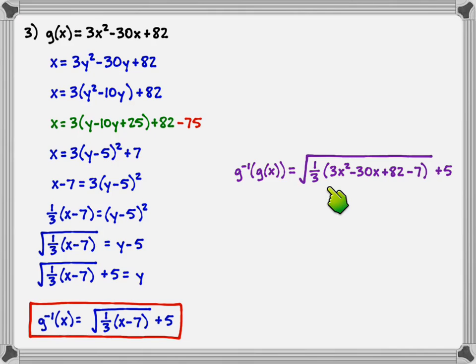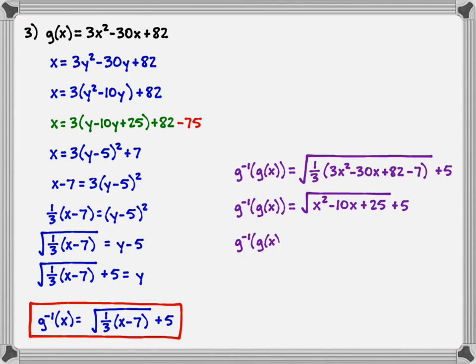Now notice in this case, when I plug that in, I can simplify that 82 minus 7. That becomes 75, right? And then I can distribute that 1/3 in there. Distribute the 1/3, so that becomes x squared. This becomes negative 10x, and then this 75, 1/3 of that became 25. And then I notice what's inside the radical is actually a perfect square.